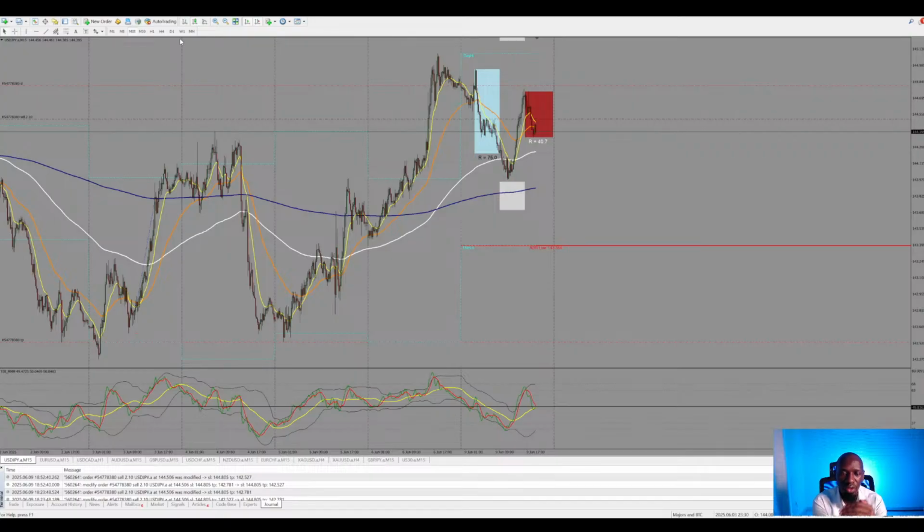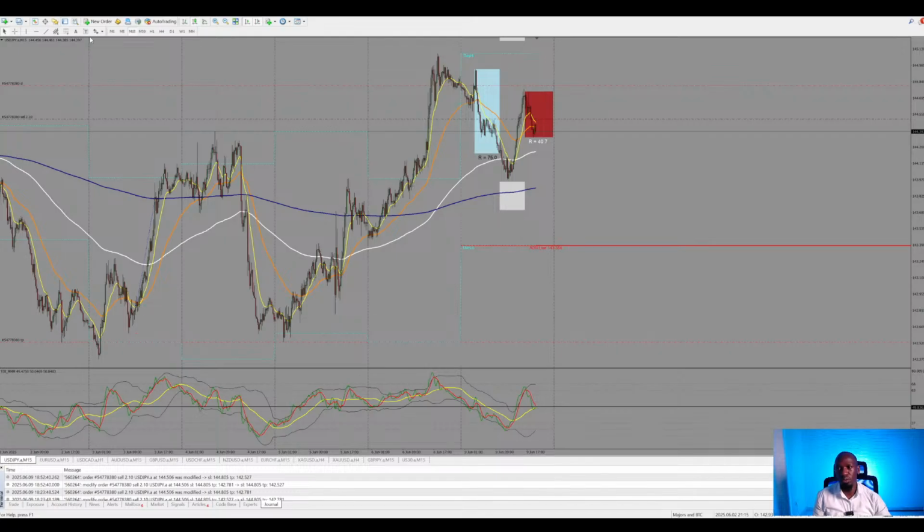Once you've figured out the bias, whether it's a buy or a sell, from those three time frames, you can then go down to H1, M15, and possibly even M5. And if you want an even sharper entry into a trade, you can go to M1.